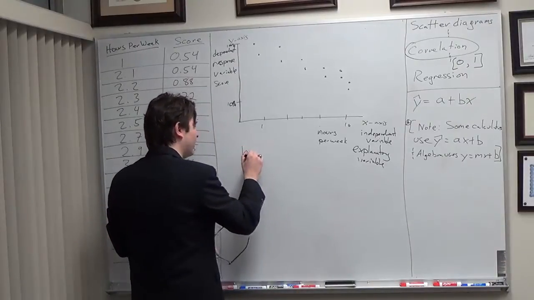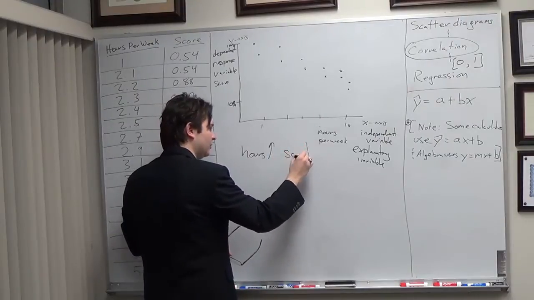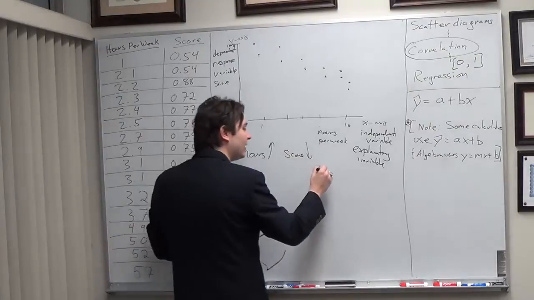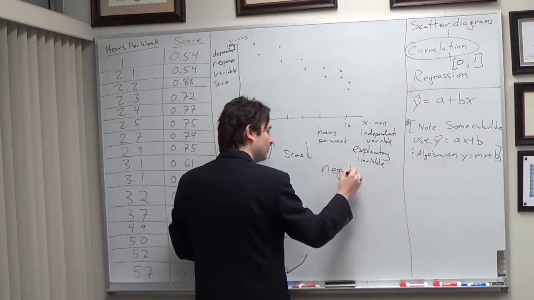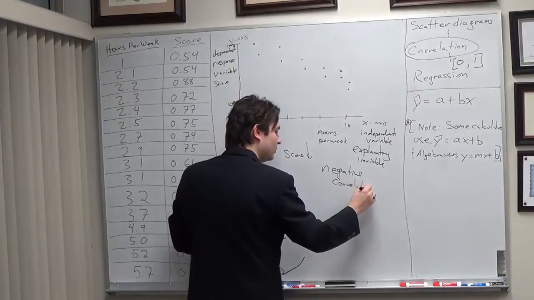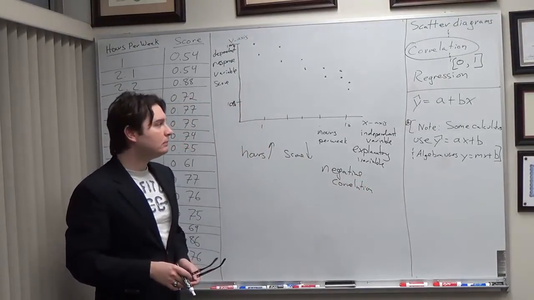Now as hours go up, the score is decreasing. We have a word for this too. We call this a negative correlation. And this is a pretty good negative correlation.